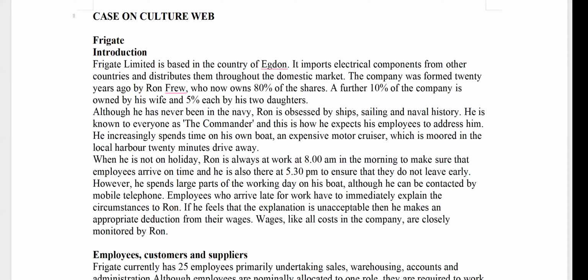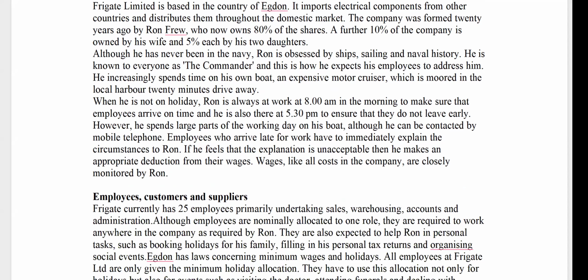If he feels that the explanation is unacceptable, then he makes an appropriate deduction from their wages. Wages, like all costs in the company, are closely monitored by Ron.